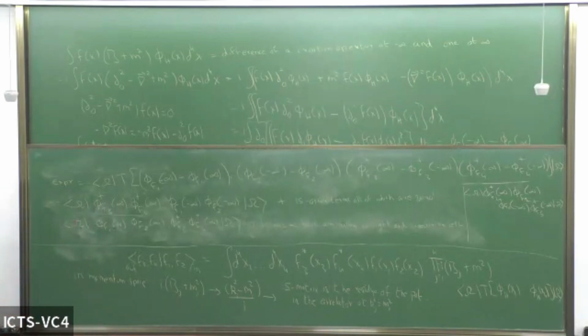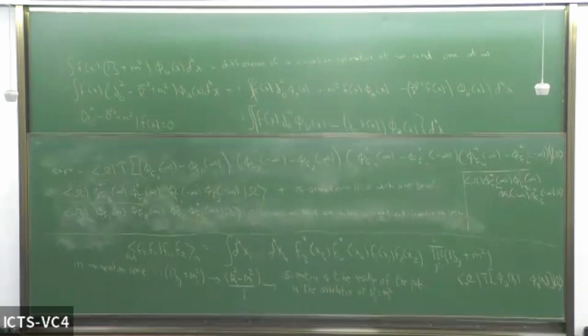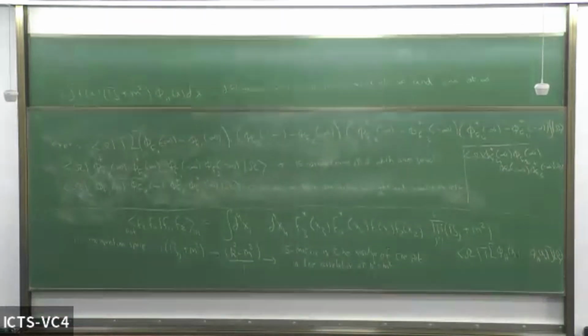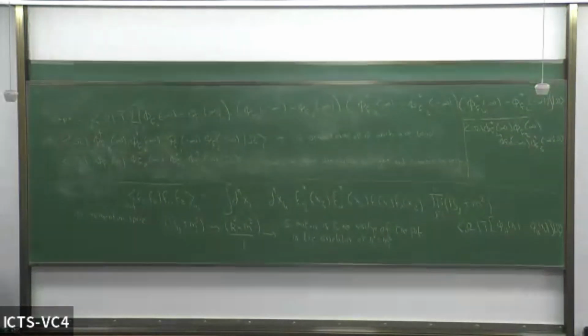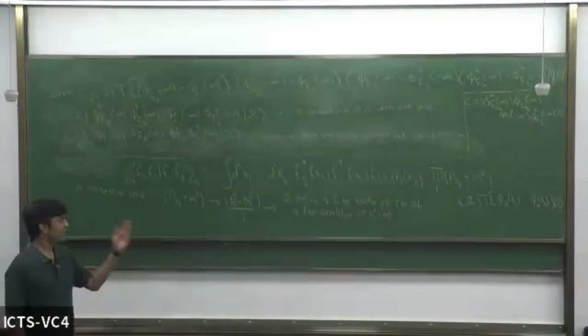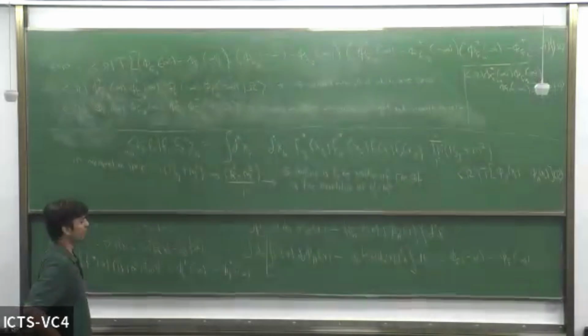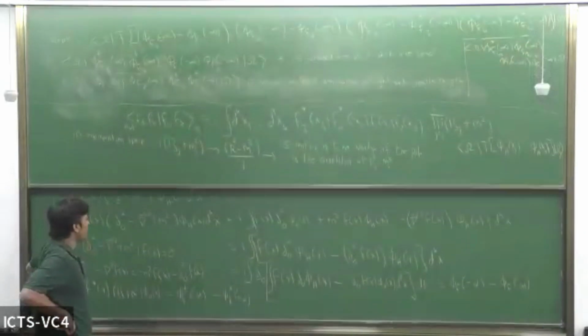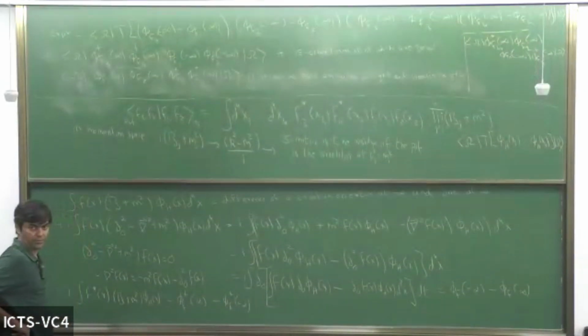Okay, let me emphasize a very important thing about this. It is related to what we just said. In this LSZ reduction formula, how do you define the field phi h?